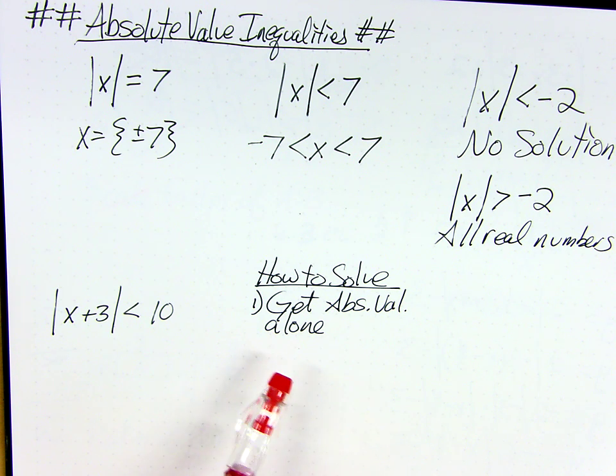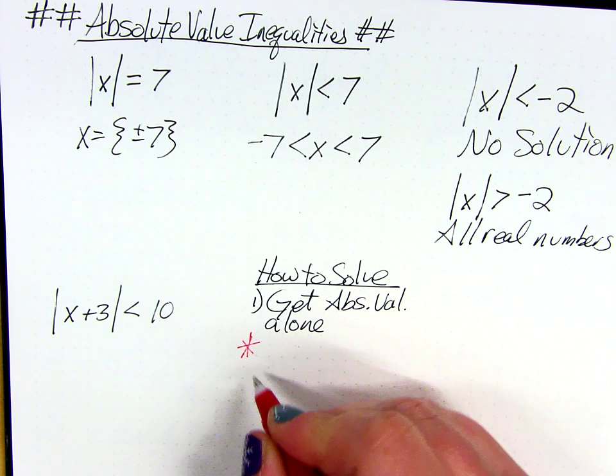So if in doing step 1, I had to multiply or divide either side by a negative, what happens in inequalities when you multiply or divide both sides by a negative? The sign flips over. Yeah, so that's any time you're dealing with inequalities, whether they're absolute value inequalities, it doesn't matter. So I just want you to not forget about that.